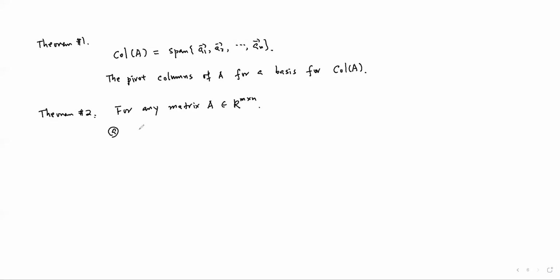Number 1, the dimension of the column space, which is the number of vectors in the basis, is equal to the number of pivot columns of matrix A. How about the dimension of the row space?